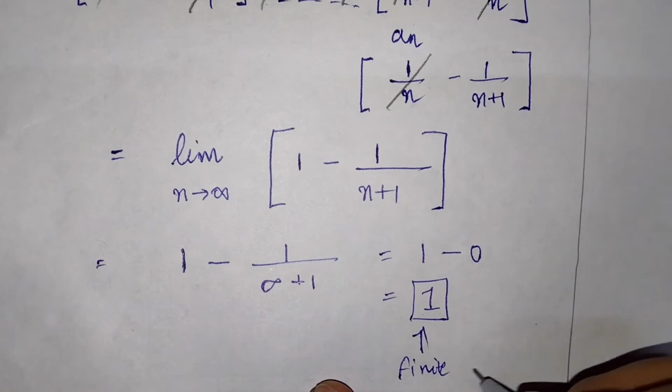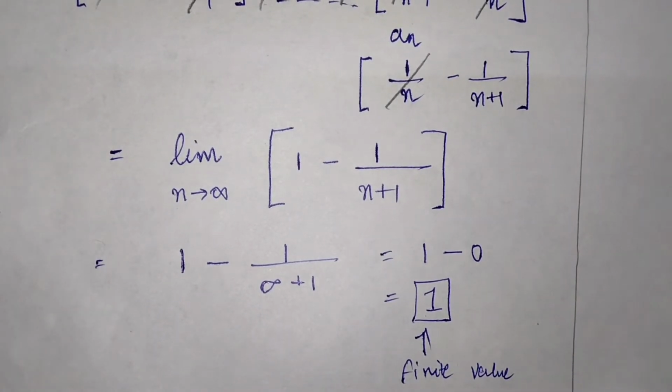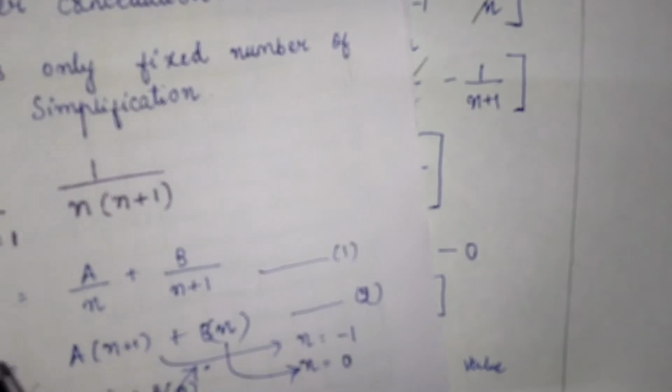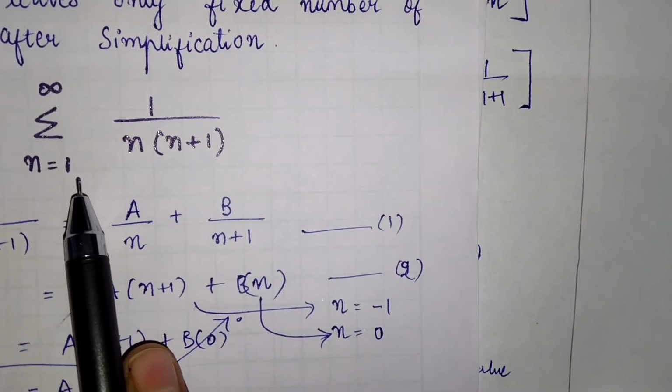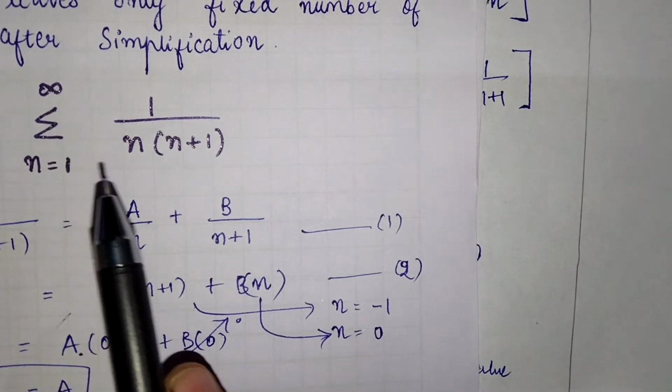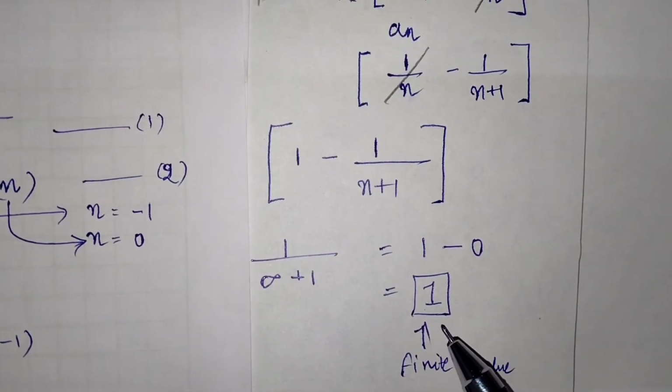Okay? So such type of series are called telescoping series, in which the question was given in terms of infinite summation n equal to 1 to infinity, but at last we got the finite answer, that is 1.